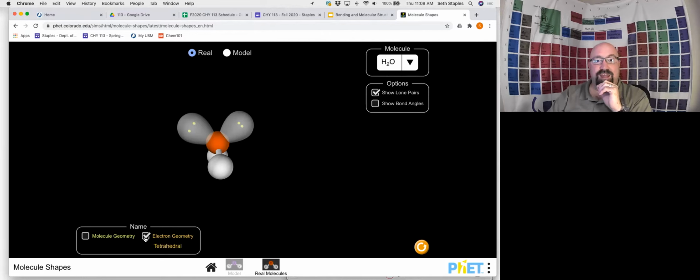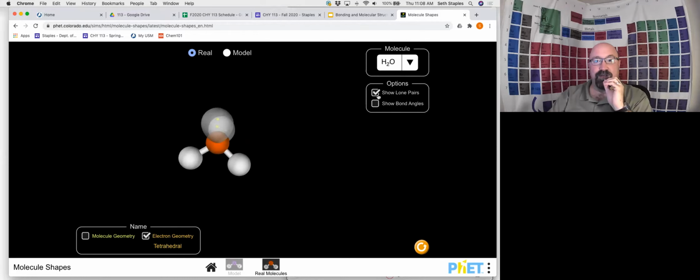That's going to give us an electron geometry of tetrahedral, because we have 4 different pairs of electrons around our central atom. If we want to look at just the actual atoms themselves, though, it's taking the lone pairs away. Now we're looking at just the geometry of the atoms themselves. That's our molecular geometry. In this case, the molecular geometry is going to be bent.